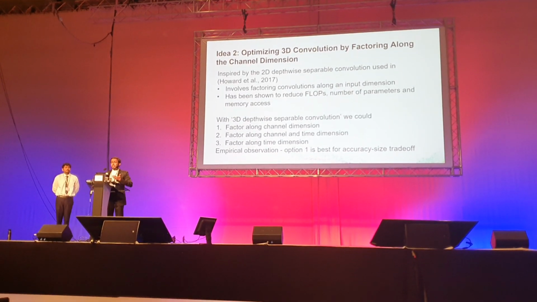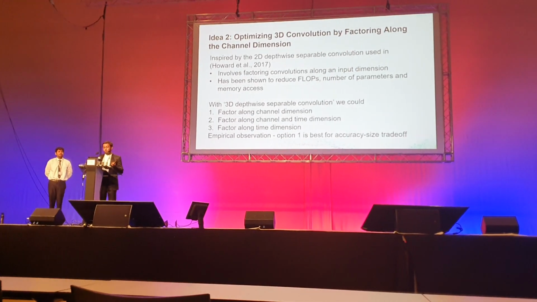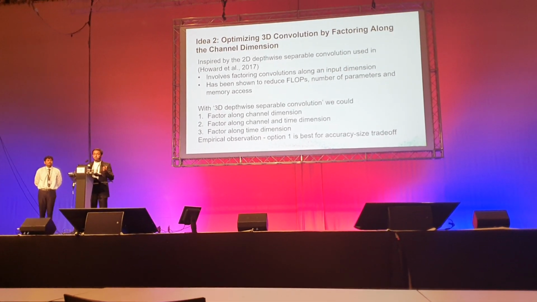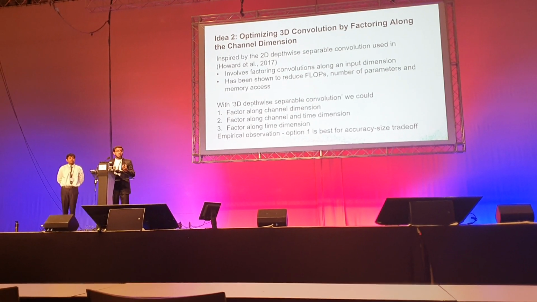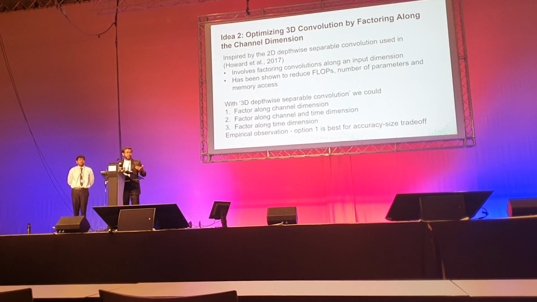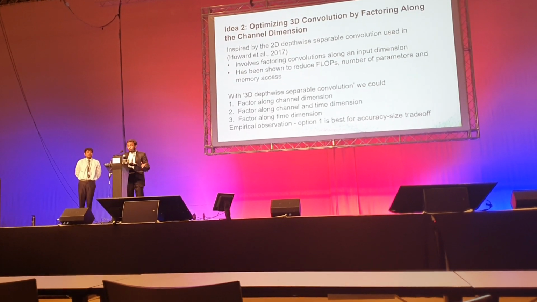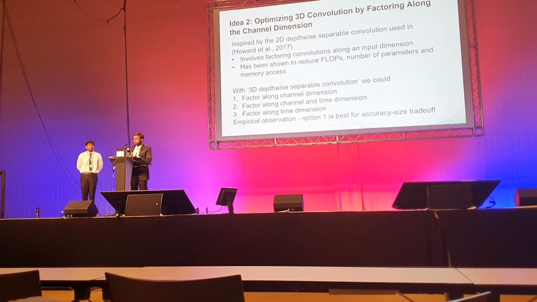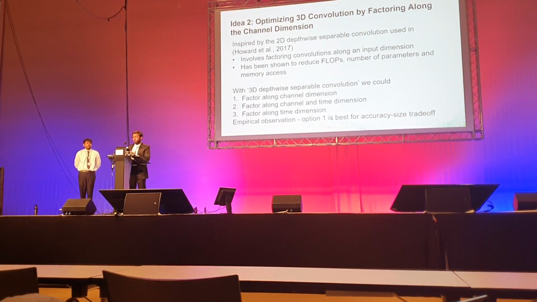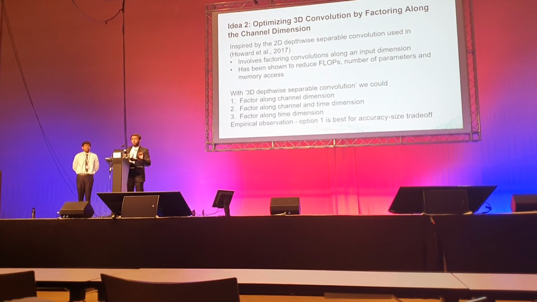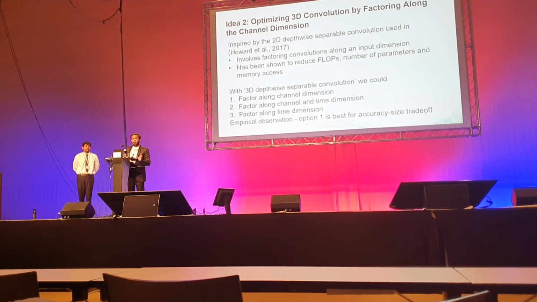And that's because you basically have 3 degrees of freedom which you have to experiment on. First is how are you going to factor along the channel dimension? Will you factor along both the channel and time dimension, which will reduce the parameter count by a lot? And finally, are you going to reduce only by the time dimension?